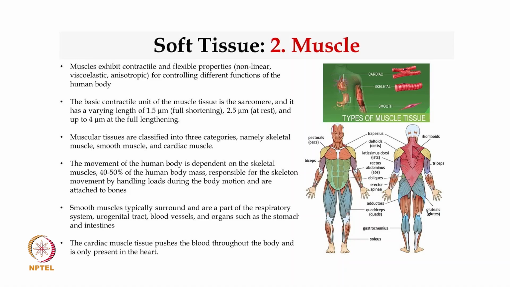So coming back here, we are looking at nonlinear, viscoelastic, which I've already explained briefly, and anisotropic. These properties you will see keep repeating for the majority of soft tissues. Muscles specifically control different functions of the human body.